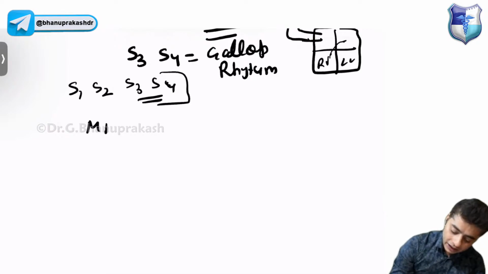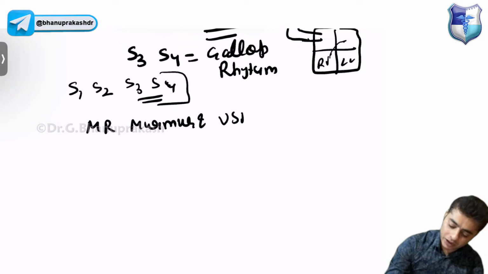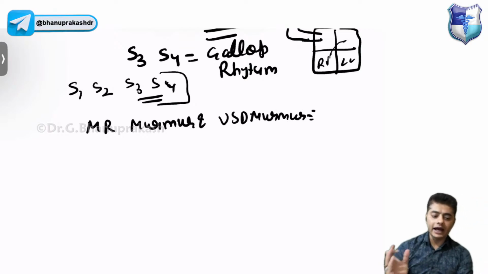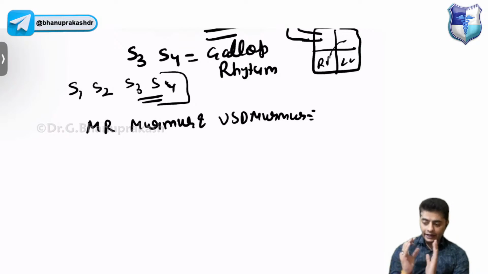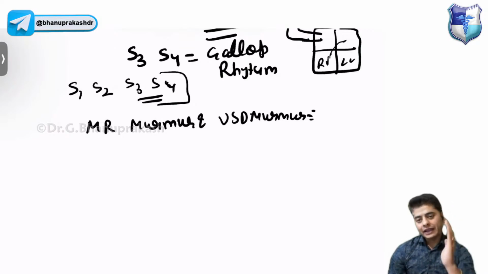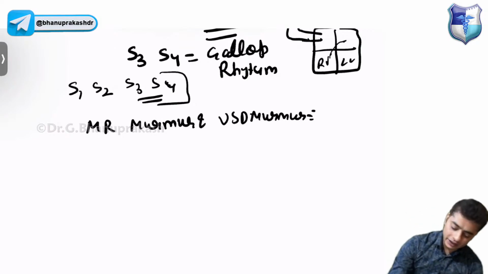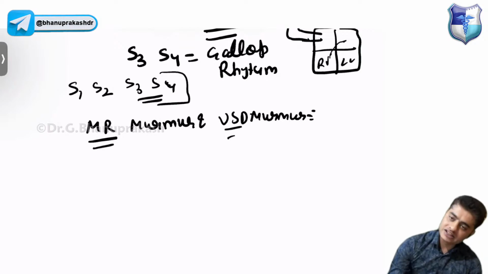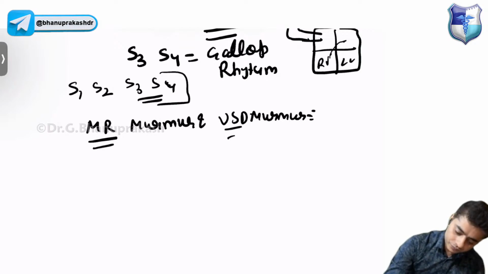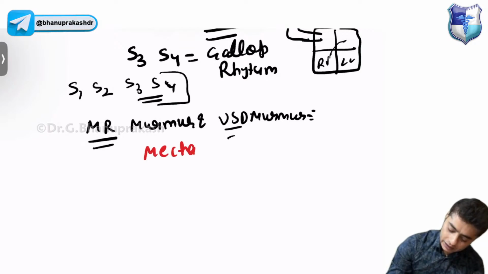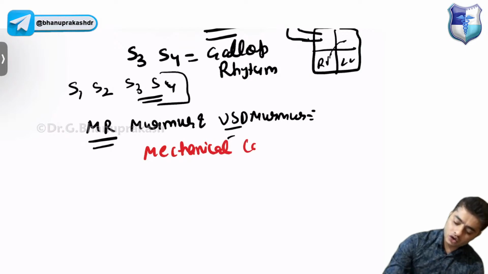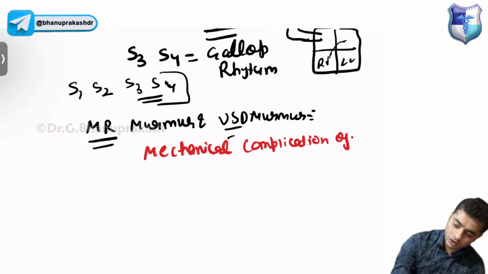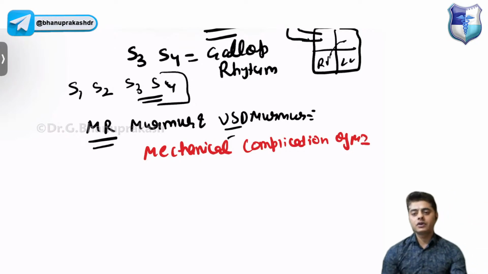Now you can also get your MR murmur and VSD murmur. So what are the reasons behind your MR murmur and VSD murmur? It is due to mechanical complication of MI. So you can get acute MR and VSD murmur due to mechanical complication of MI.